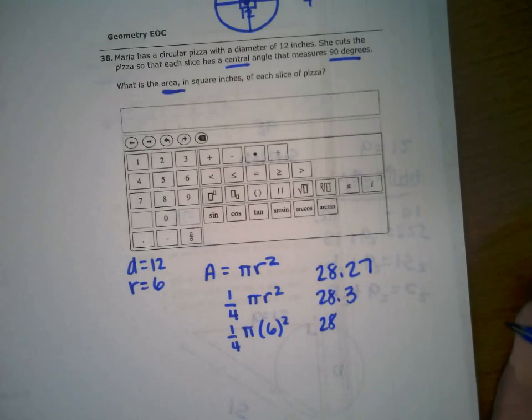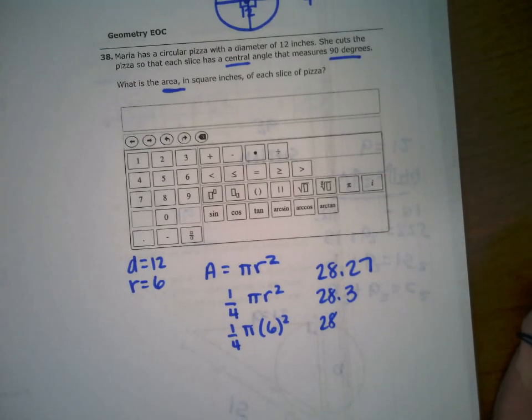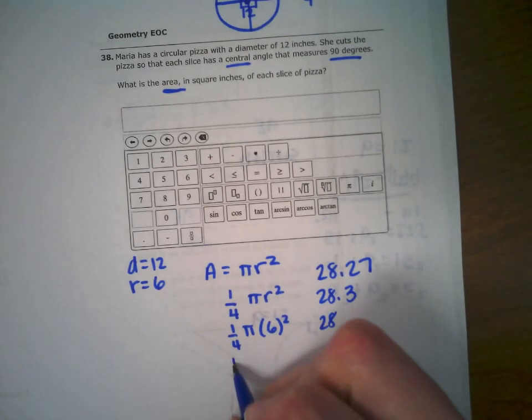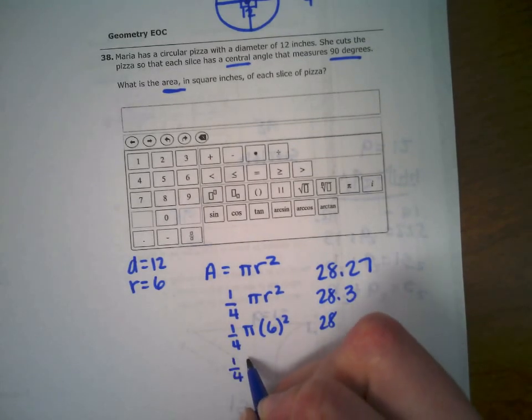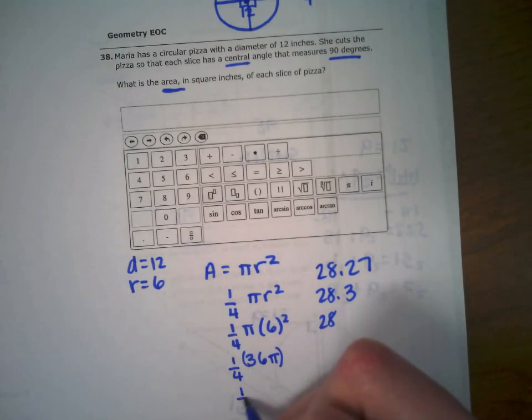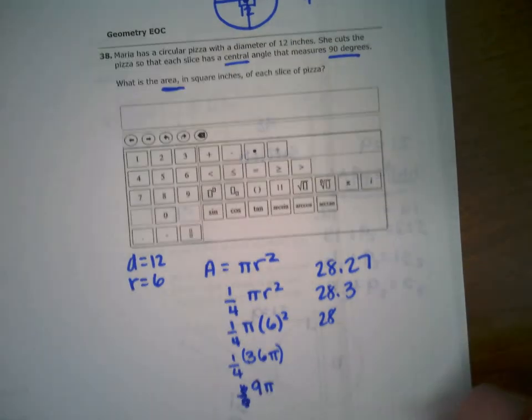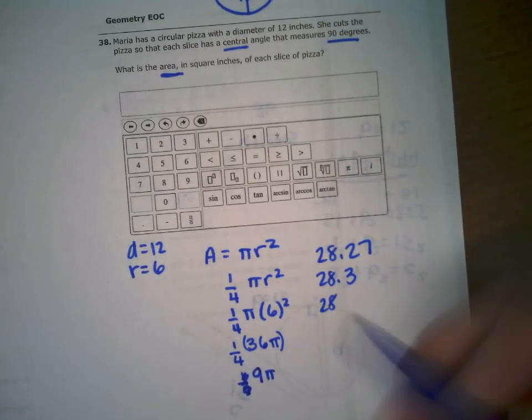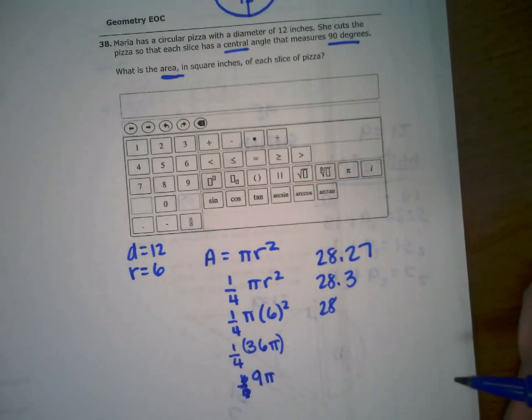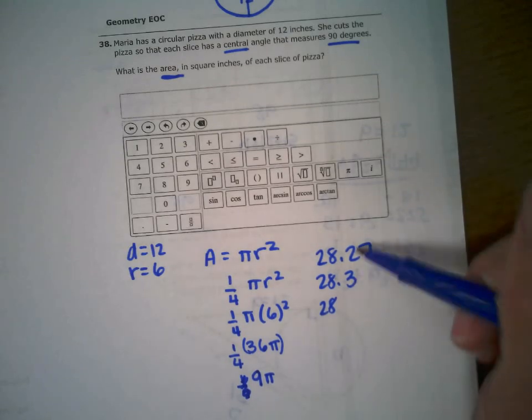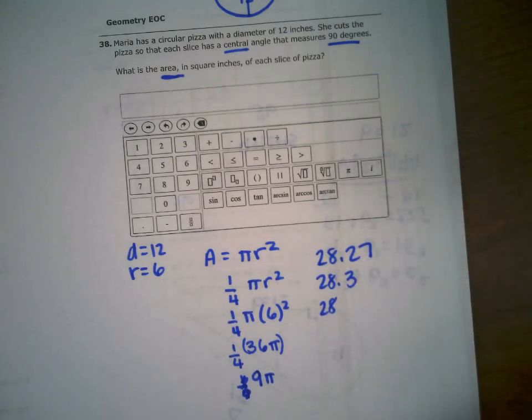Now, if you're somebody who's practiced keeping your answers in terms of pi, that means you leave pi in your answer. You'd have 1/4 of 36 pi, which means it's 9 pi. This would even accept 9 pi as an answer. So any of these would be acceptable answers for this problem.